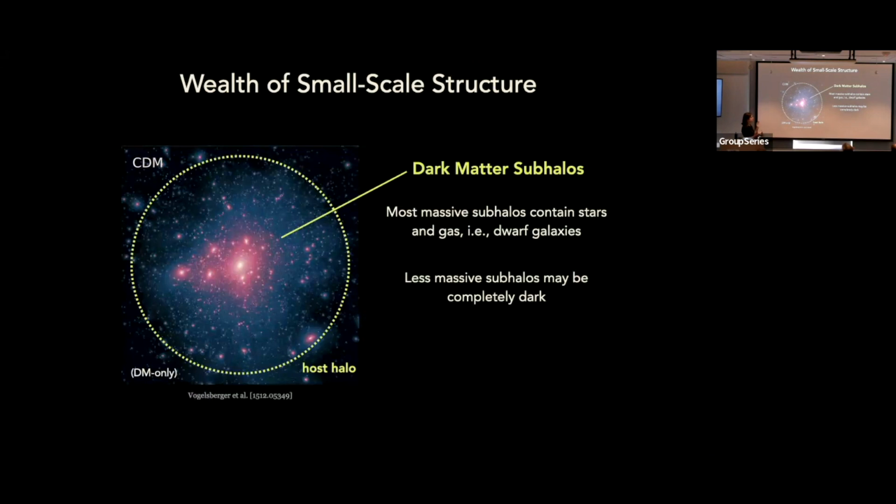You see that there's a ton of structure, going down to really small scales. Again, that's the key prediction from CDM. The larger ones here will actually contain stars and gas, so those will be visible dwarf galaxies. But you'll also have a bunch of less massive ones that are completely dark, flying around.